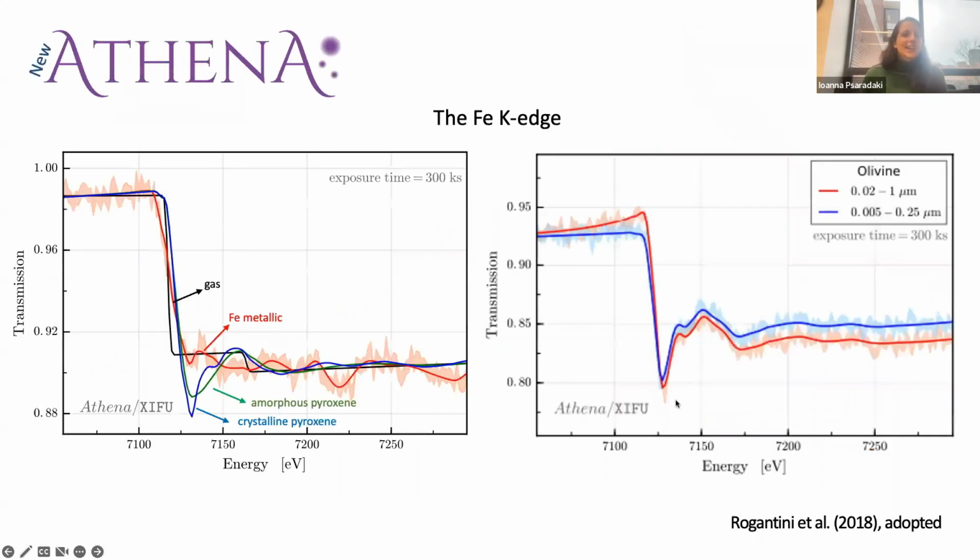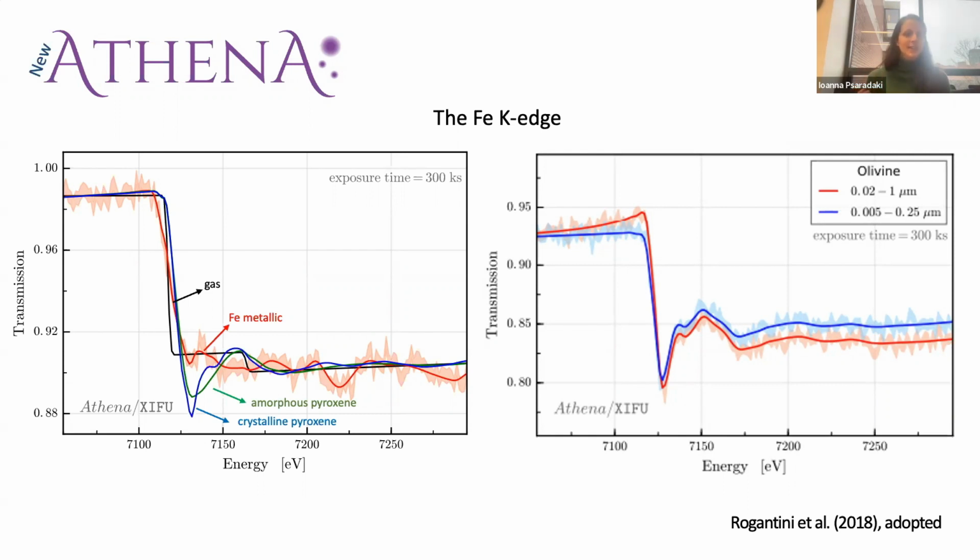And of course, Athena will be great for studying all the interstellar elements that I talked about before, but I want to focus on one particular reason why we really look forward to Athena: we will be able to probe the iron K edge with great accuracy.